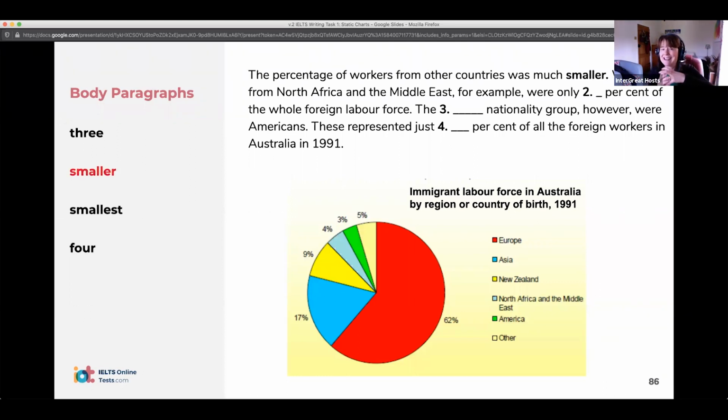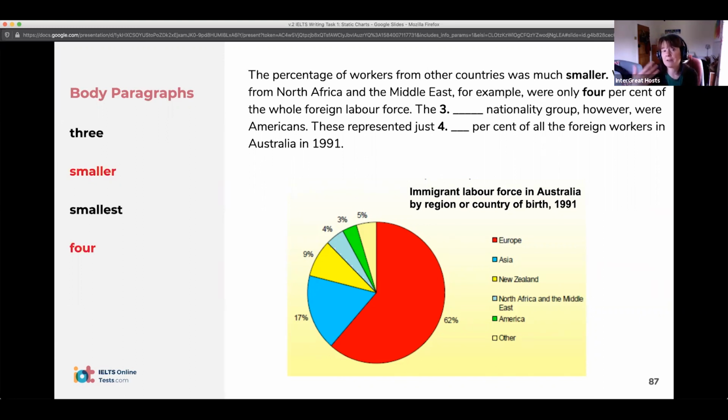So this is our link to the first paragraph, that now we're talking about the small numbers. So North Africa and the Middle East are around 4% of the whole foreign labor force.